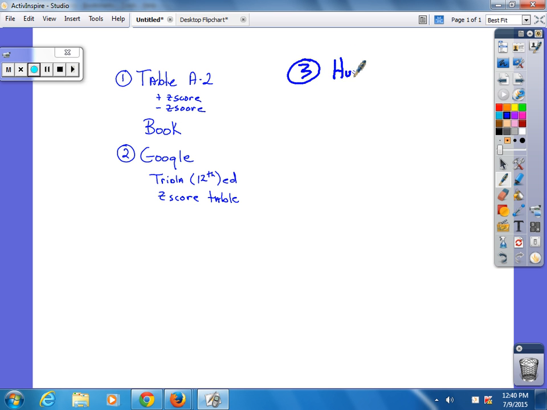Hyperlinked with the homework problem. In other words, they'll give you a hyperlink in the problem, and you click on it, and it pulls up the table. And then if you don't have any of these, you can use your what?